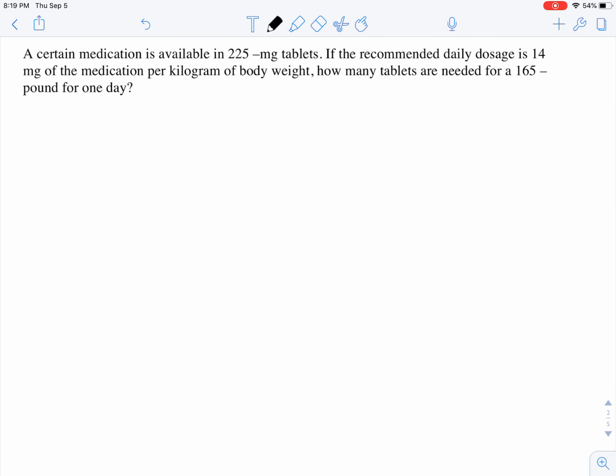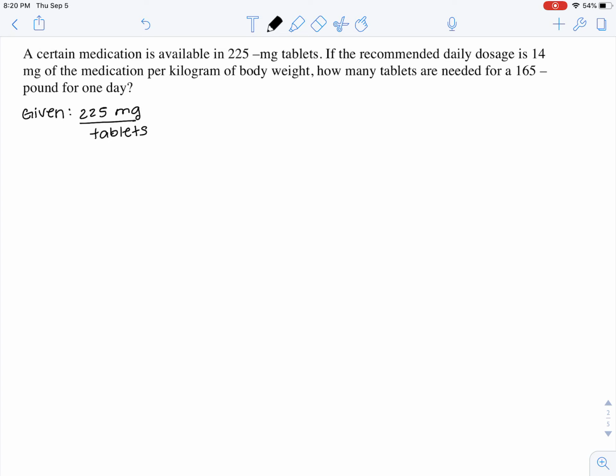A certain medication is available in 225 milligram tablets. So for me, I like to say, all right, this is what I'm given: 225 milligrams per tablet. Because if you read the sentence, a certain medication is available in 225 milligram tablets, so the tablet has 225 milligrams of the medication in it.